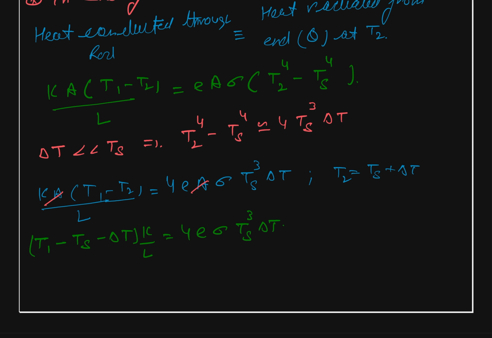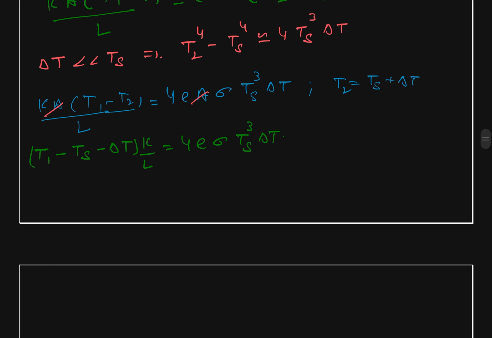We can shift delta T to our right side, and we get T1 minus Ts, and let's multiply by L also. So this comes as K times (T1 minus Ts) will be equal to delta T, which we can take as common, times (4 E sigma Ts cube L plus K).